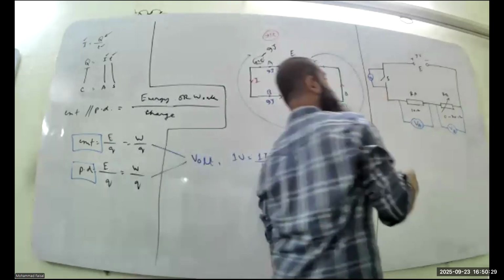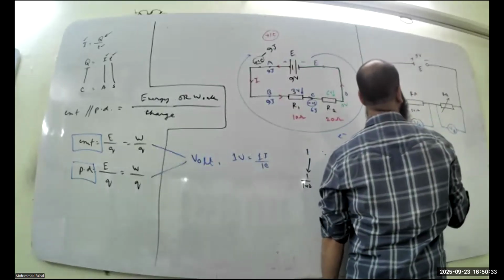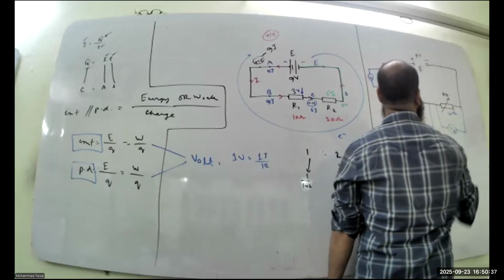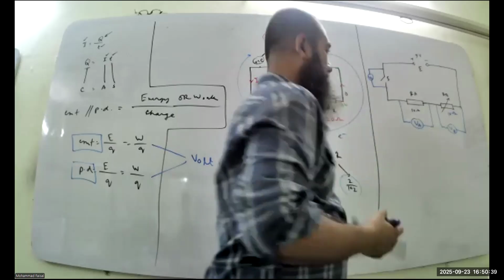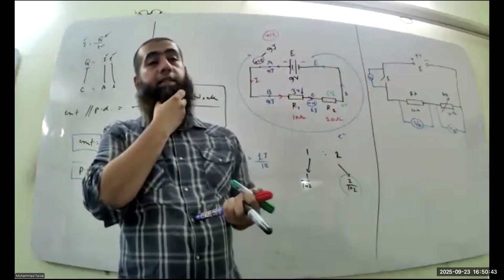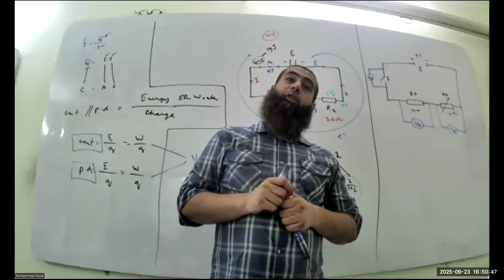Currently, this resistor is set at 10 ohm. When the switch is open, what will be the readings of VS, VA, and VB? All of them will be 0.